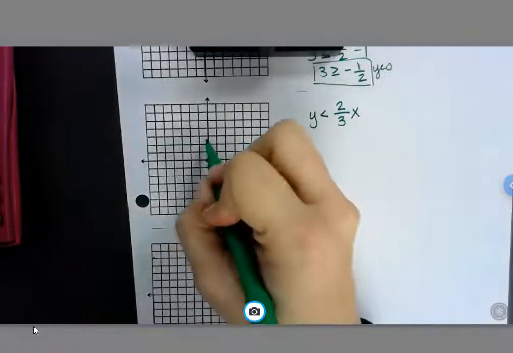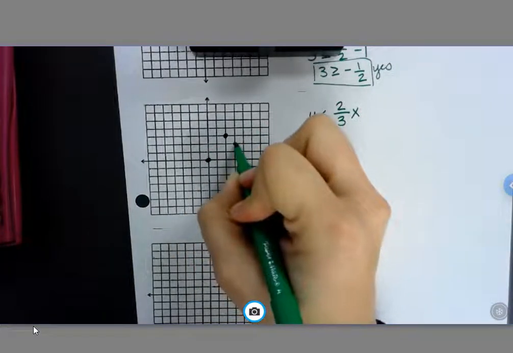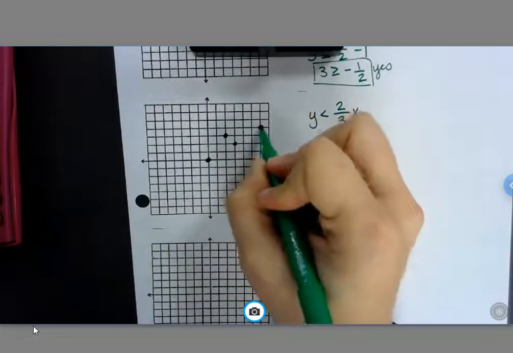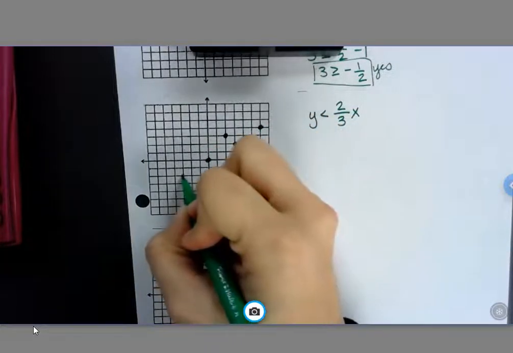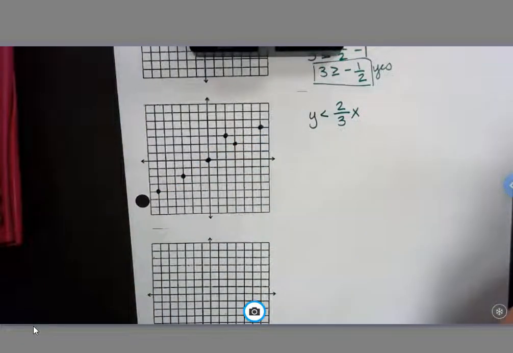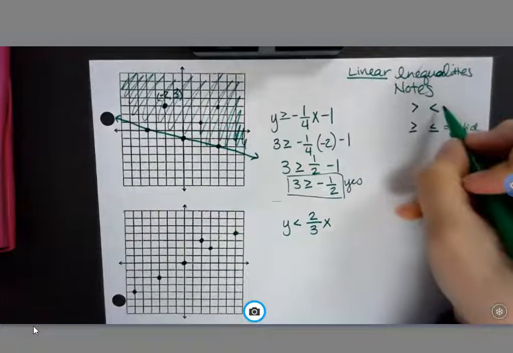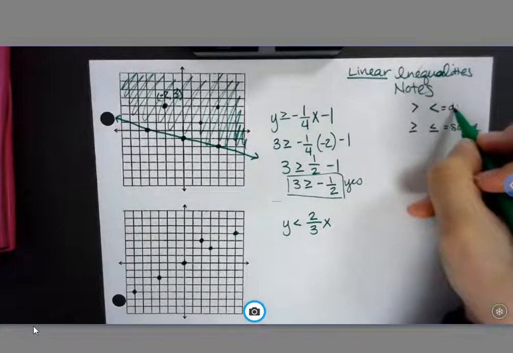Positive slope, so up 2 over 3, up 2 over 3, up 2 over 3, down 2 over 3. Now since this is not an equal to, it's going to be a dashed line.